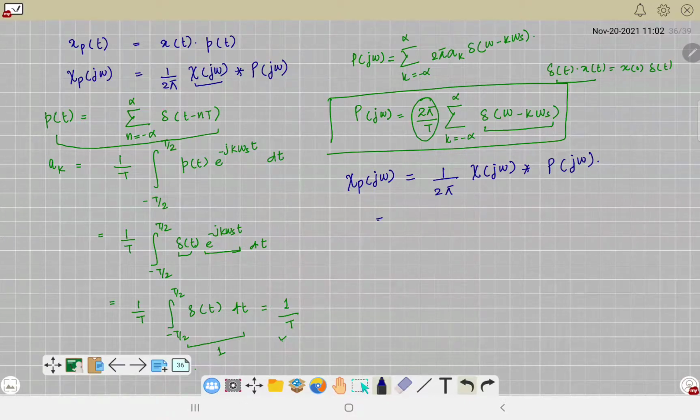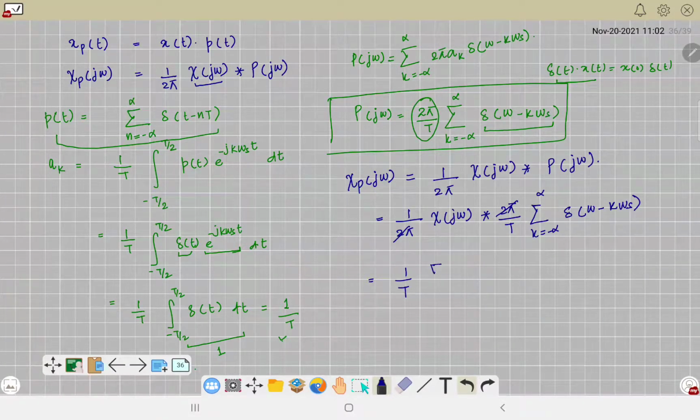If we expand it, it will be 1 upon 2 pi, X of j omega convolved with P of j omega, which we have just found to be 2 pi by t, the summation k from minus infinity to plus infinity of delta of omega minus k omega s. And you can make some adjustments. 2 pi and 2 pi will cancel, we'll have 1 by t, then within the summation, k equal to minus infinity to plus infinity, X of j omega convolved with delta of omega minus k omega s.